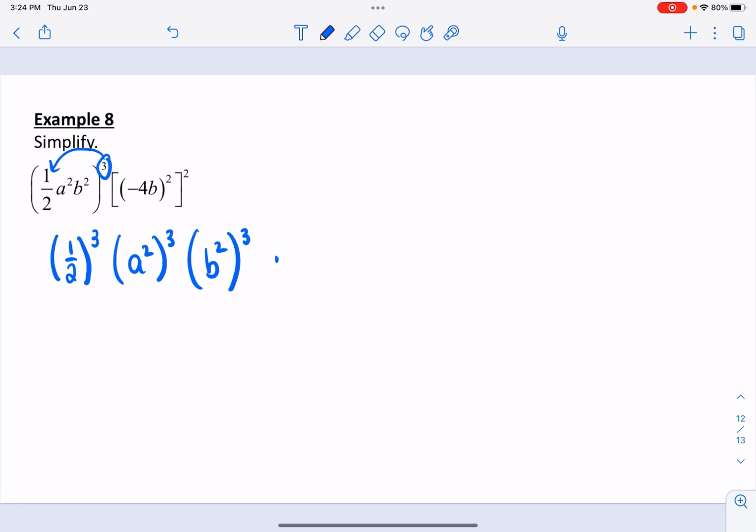Times, okay, so now here, I have a power to a power there. Let's be efficient. When I wrote this, I was going to do this a different way. So here I have -4, b, power to a power, I multiply them. Okay, so I have 1/2 to the third power is 1/8.